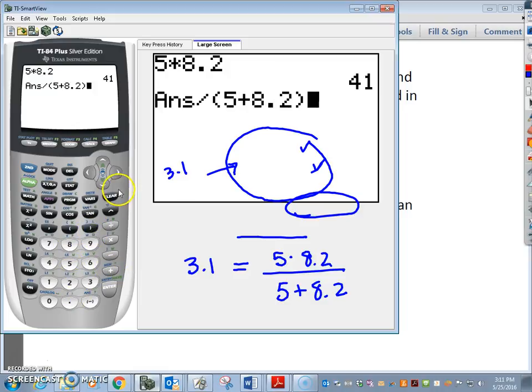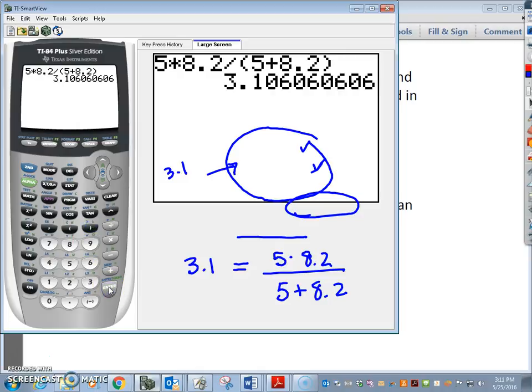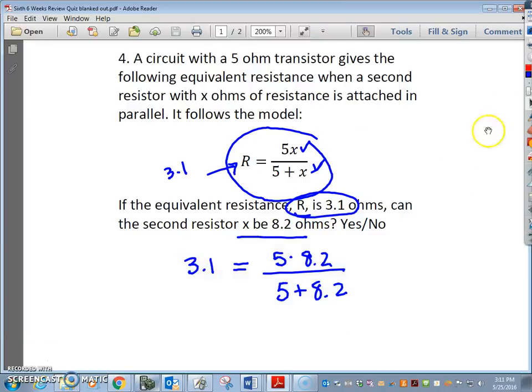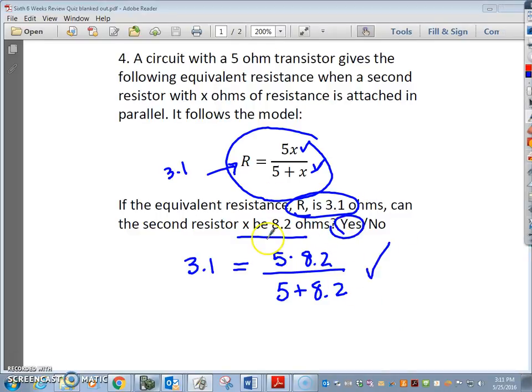Okay? So let me just put it all in one so you can see it. 5 times 8.2 divided by the whole bottom, 5 plus 8.2. What is it supposed to equal? 3.1. Is that equal to 3.1? Yes. So is that the one that fits? Yes. The answer is yes. We checked it.